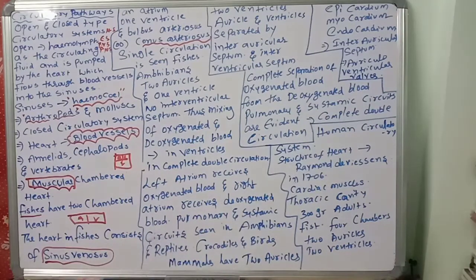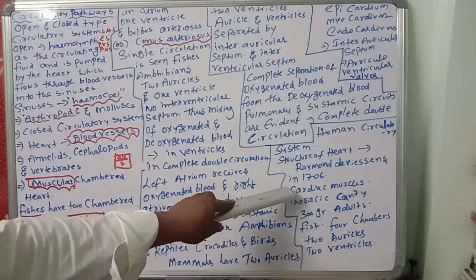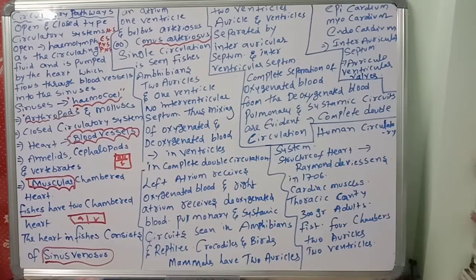Raymond Vieussens, in 1706. The heart is present in the thoracic cavity, that is important. The heart is made with which muscles? The heart is made with cardiac muscles, located in the thoracic cavity.